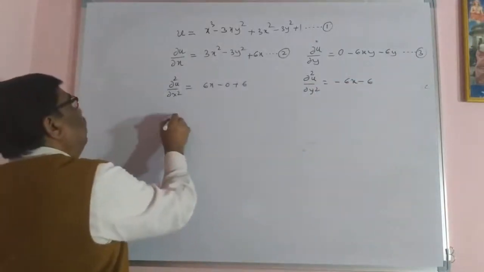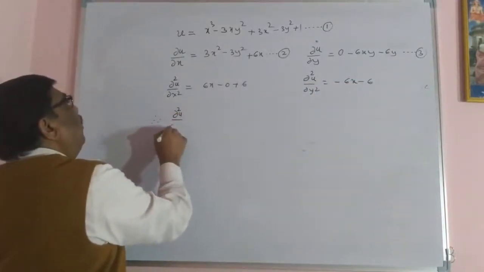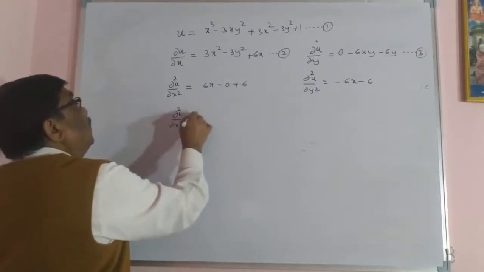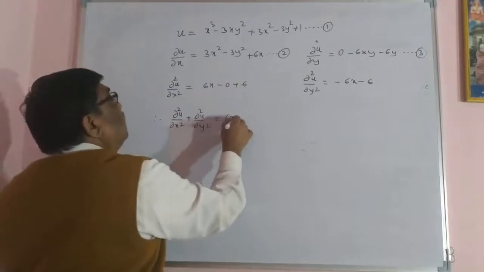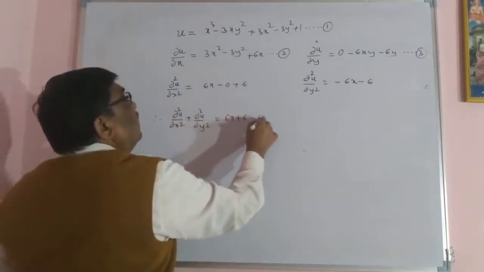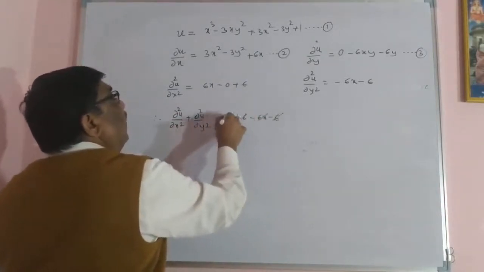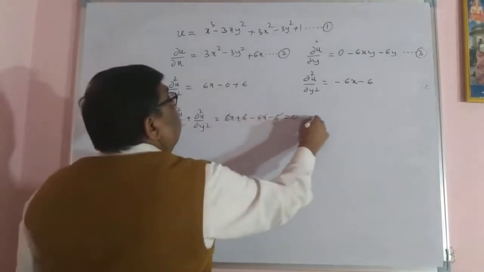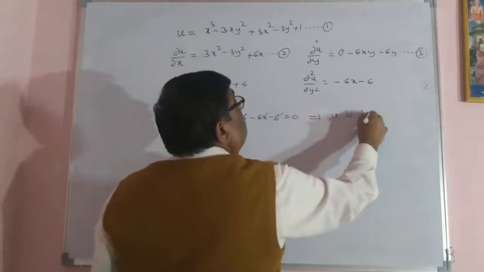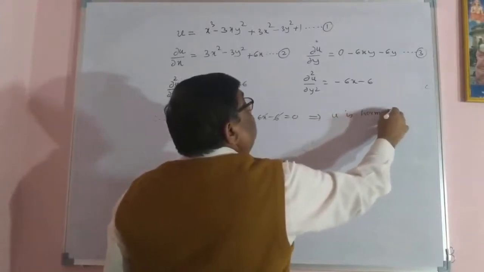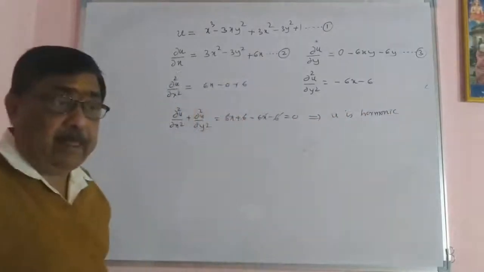Therefore adding them, dou square u by dou x square plus dou square u by dou y square equals 6x plus 6 minus 6x minus 6, which definitely cancels, you get 0. This implies u is harmonic. Yes, one part is over.